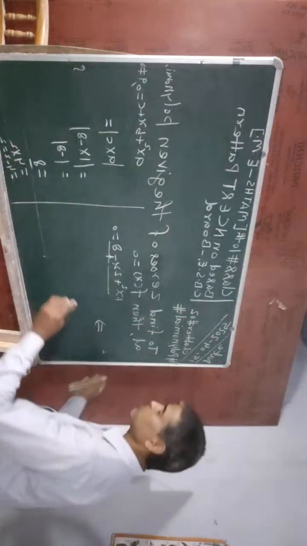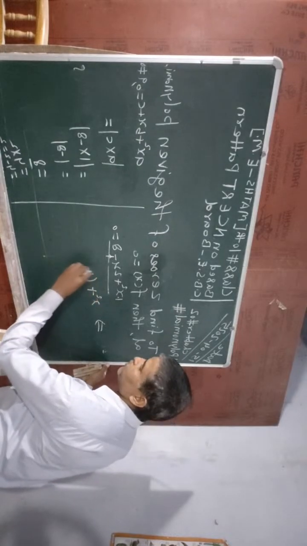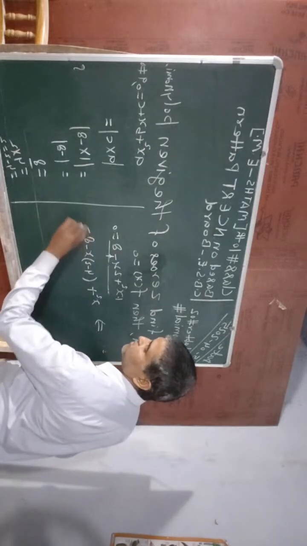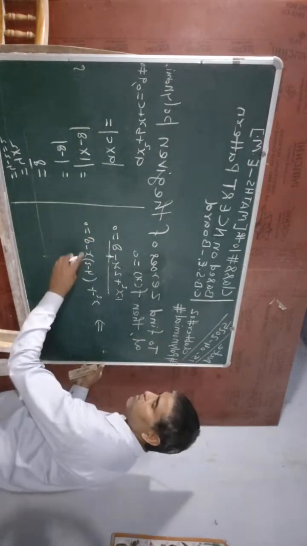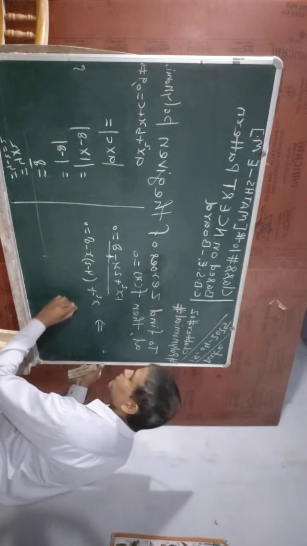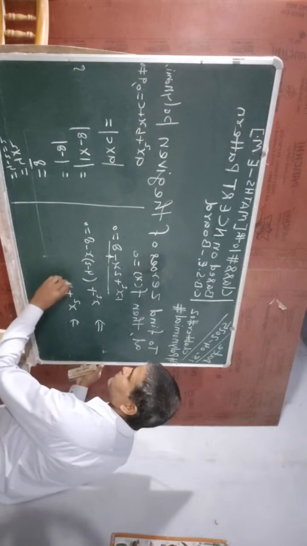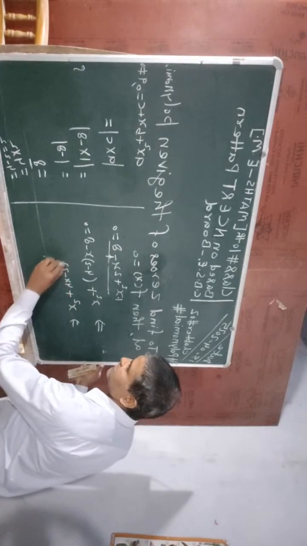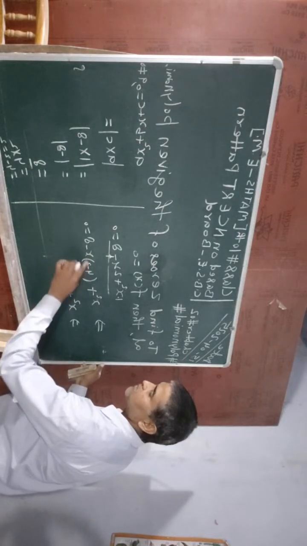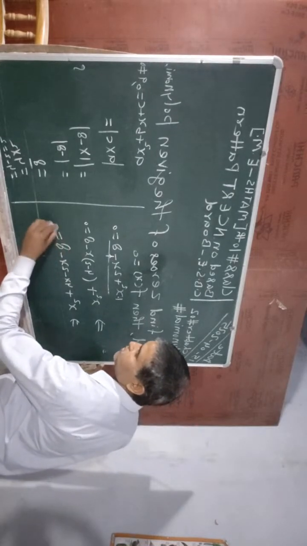So I am going to simplify it. I will write x square, then 4 minus 2 into x, minus 8 is equal to 0. Now I multiply x with 4 and x with minus 2. After multiplication, x square plus 4x minus 2x minus 8 is equal to 0.